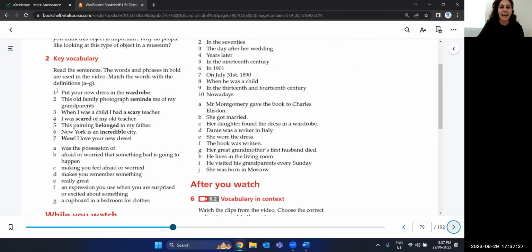So if I say, put your new dress in the wardrobe, what does a wardrobe mean? What's a wardrobe? It's an object. What object is it? G, a cupboard in the bedroom for clothes.